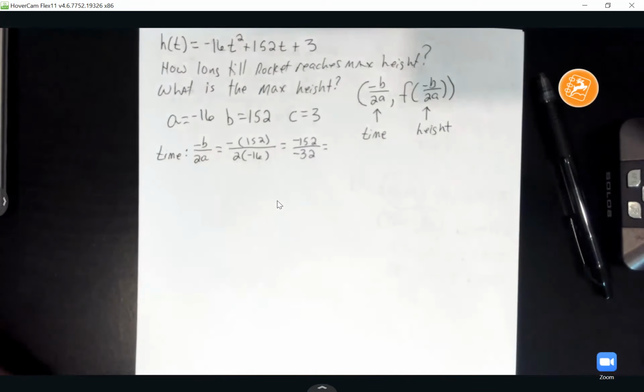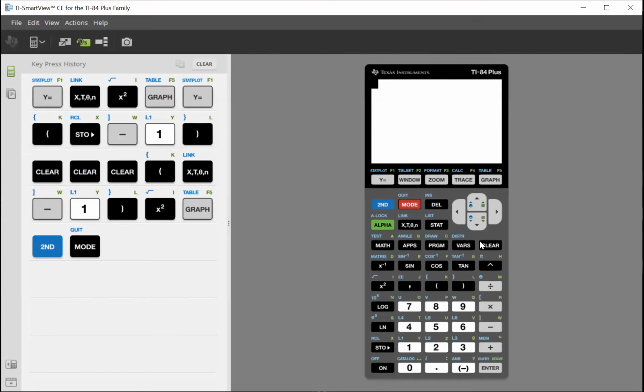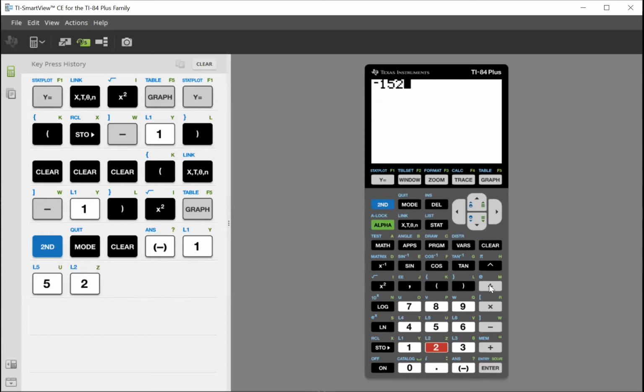All right, y'all, so let me punch that on my calculator and see what that's going to give me. So I had -152 divided by -32.